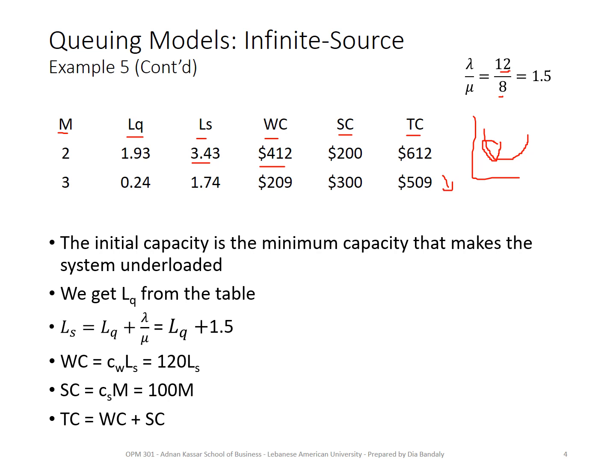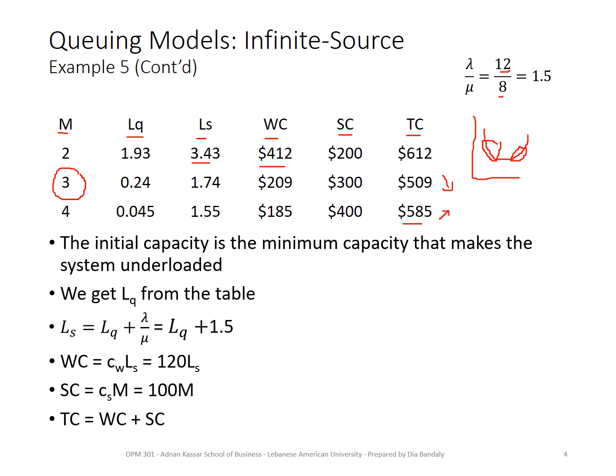Now we increase m also by 1. For m equal 4, we find the total cost to be 585, which has increased, which means we have shifted to that area. So we have already crossed the optimum capacity, and that's why we stop, and we say that the optimum capacity for us is 3.